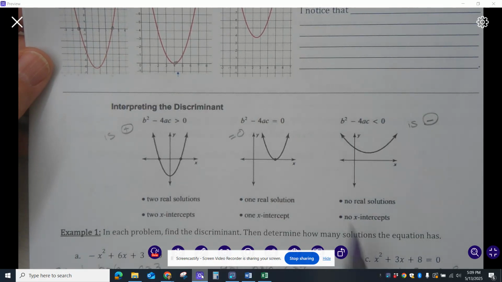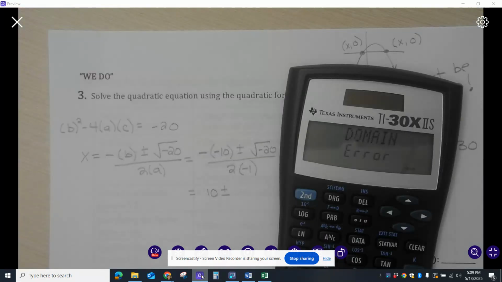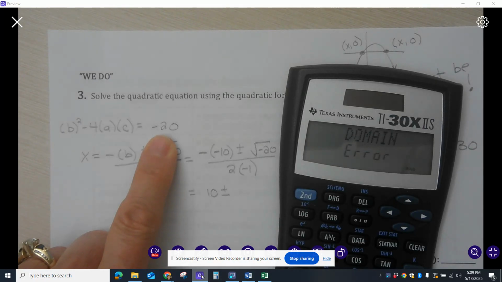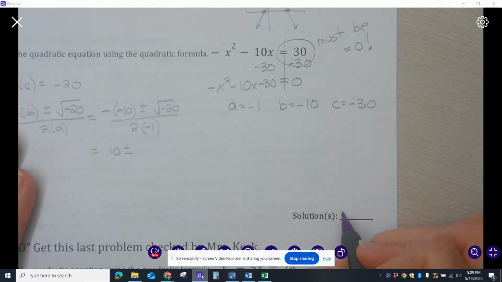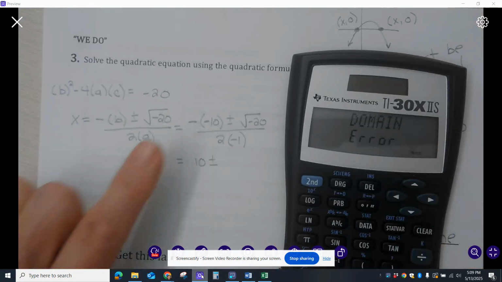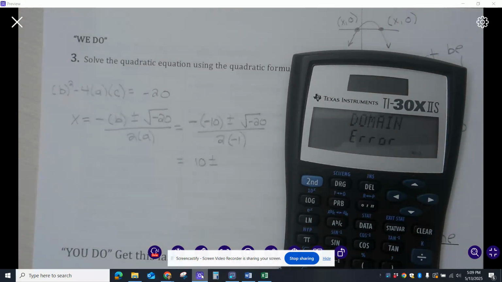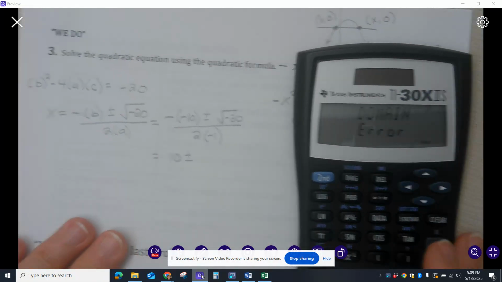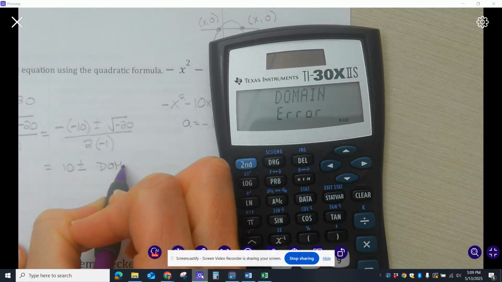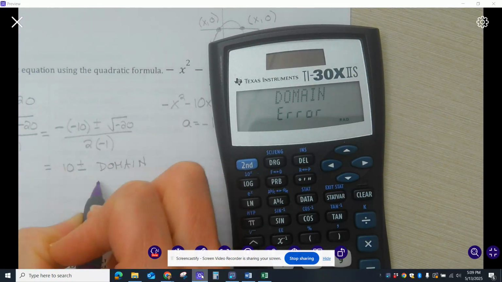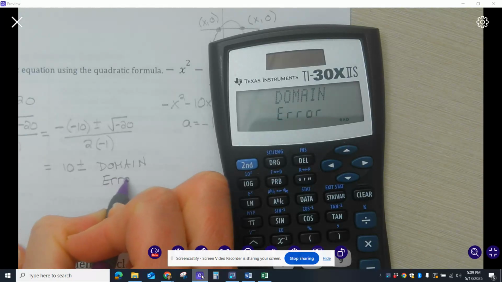So maybe you forgot that. If you remembered it, as soon as you got a negative discriminant here, you would have written down here, solutions are none. If you forgot it, you might have gotten to this step like we got here, and you may have gotten an error, or more specifically, a domain error on your calculator.